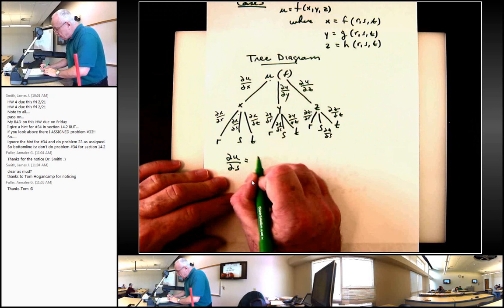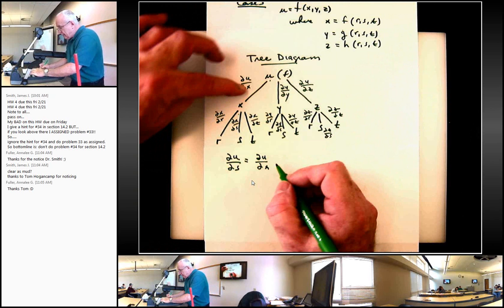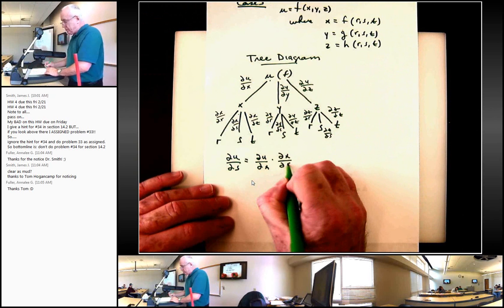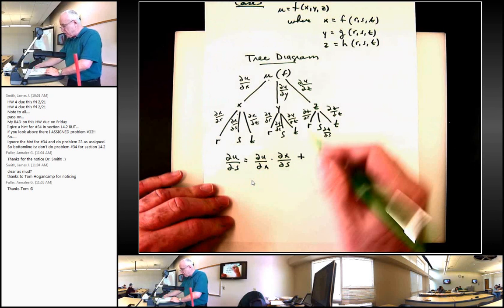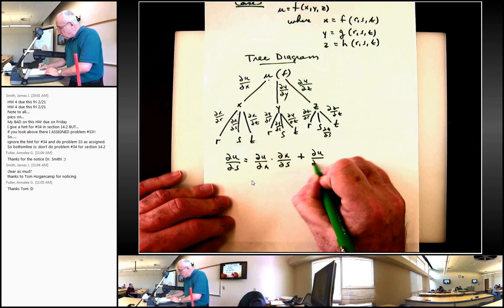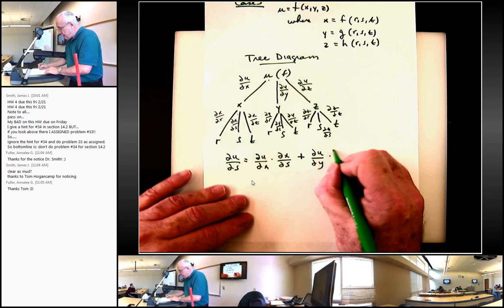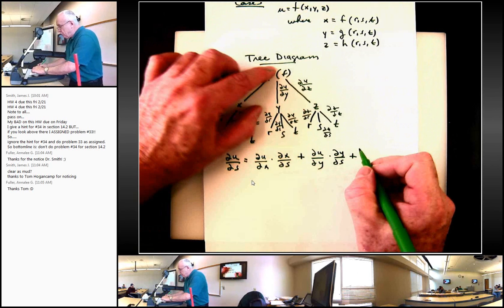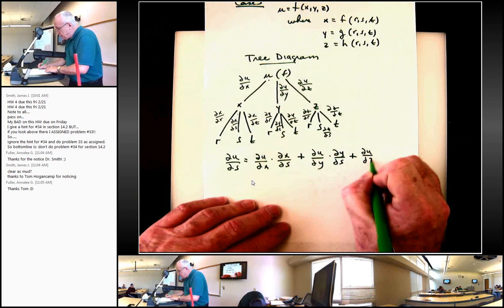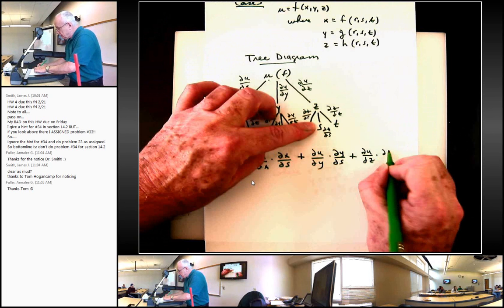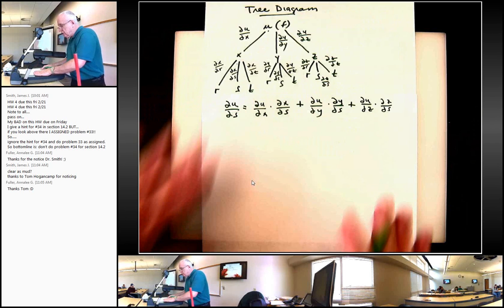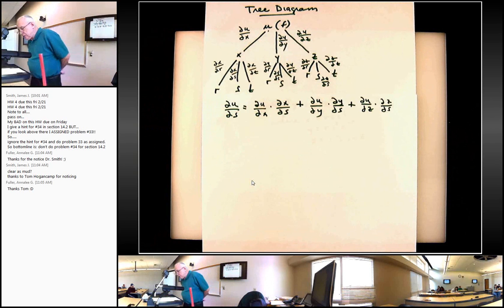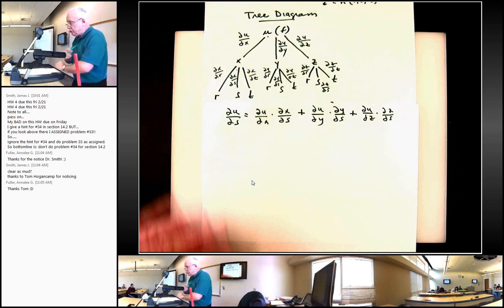So we're going to have delta U, delta X, and then we go down the branch from X to S, times delta X, delta S. Plus, now we go down the Y branch, delta U, delta Y, and then from Y to S, delta Y, delta S. And then finally the third branch from U to Z, delta U, delta Z, times delta Z, delta S. So we have three components here. And so what we need to figure out then, of course, are the individual things.